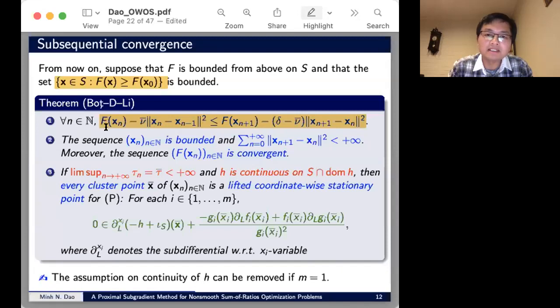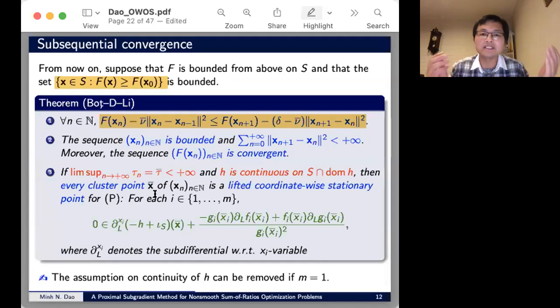For this inequality, it does not show that the sequence f(xn) is decreasing, but we still can have some other corresponding sequence that is decreasing.